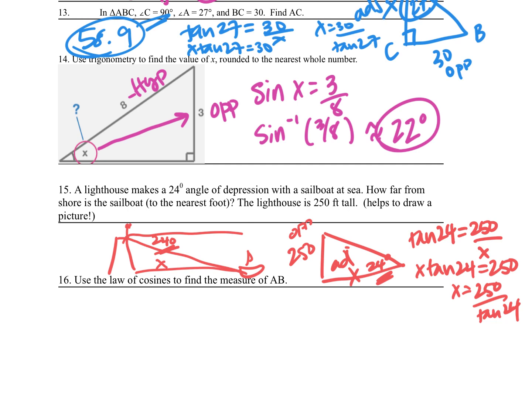And if I do that in my calculator, I have, let's see, 250 over the tangent of 24, and that gives me around 561.5 feet.